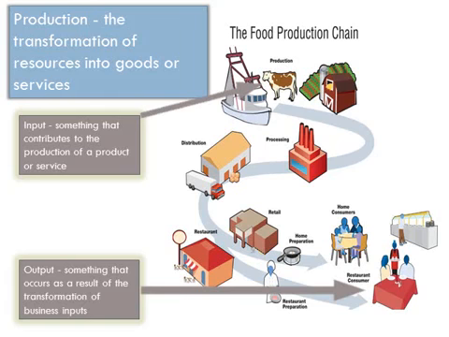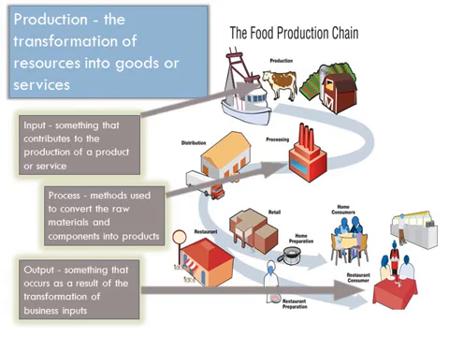So unfortunately, Mabel the cow becomes a burger that we can sell. And in between inputs and outputs are the processes. So these are the methods used to convert the raw materials and components into the outputs. So a process converts an input into an output.